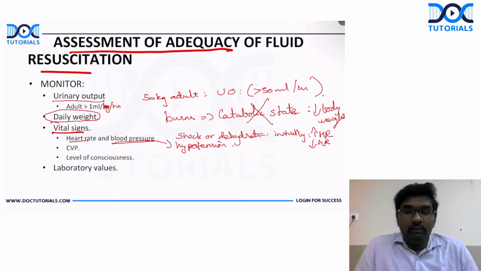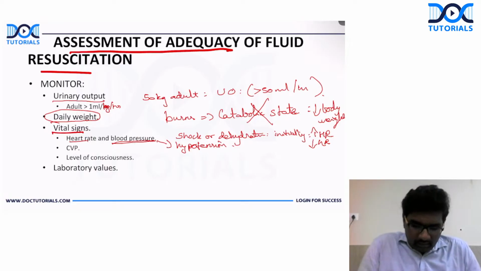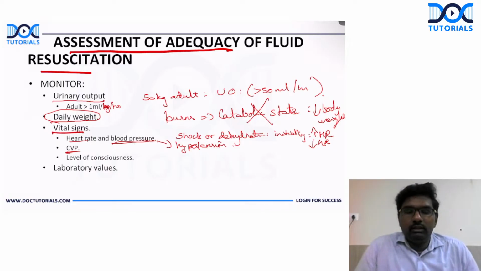And of course, central venous pressure monitoring should be done. The CVP, the central venous pressure, will be less than the normal value of 5 to 8 millimeter of mercury. So this shows that we are supposed to treat the patient with more adequate fluids.